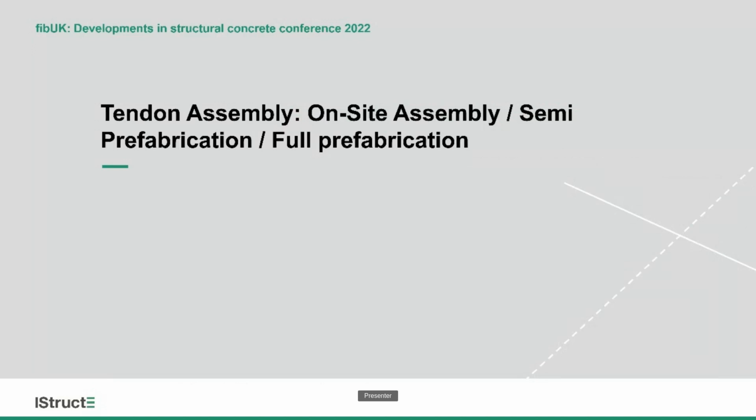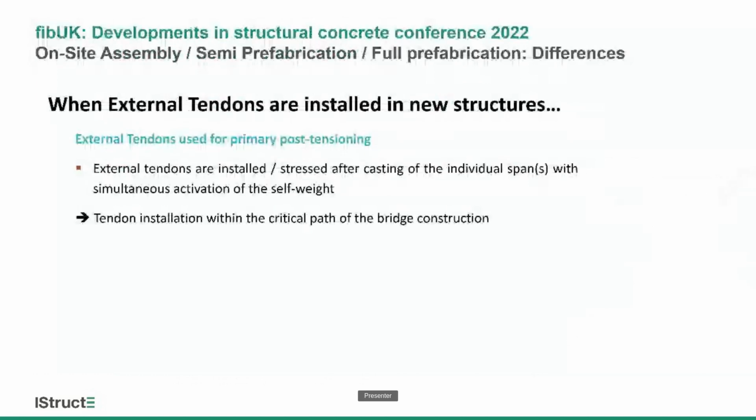Coming in the next slides to assembly, I believe we have to consider 3 different options: on-site assembled, semi-prefabricated and fully prefabricated tendons. Starting with the new structures, as I mentioned, I will also show you some examples on existing structures.